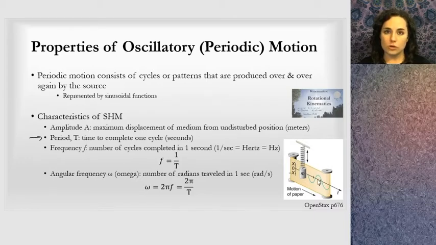With oscillatory or periodic motion, there's an amplitude, which is how far it goes from its center position. We have been talking about springs, about how there's an equilibrium position, and so harmonic motion will have an amplitude around that equilibrium position. We call that the maximum displacement of the medium from the undisturbed position, and usually that's measured in meters. Period will be in seconds.